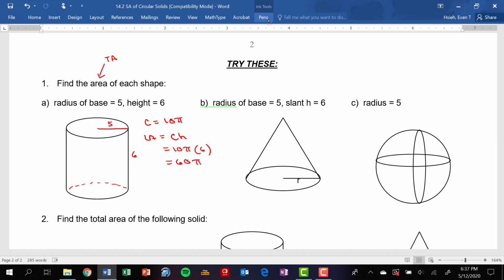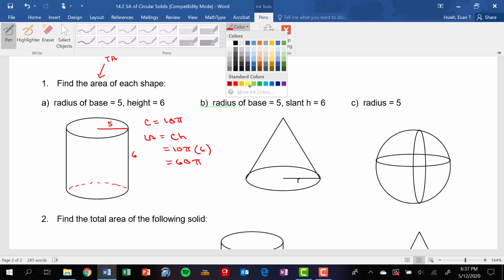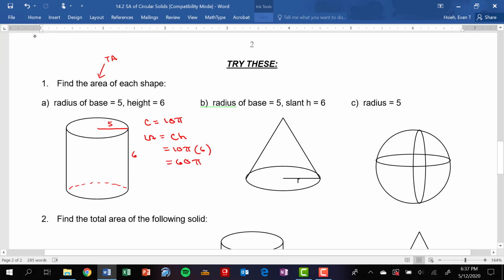And then we have to think about, okay, I have to add this base and this base to find the total surface area. So the area of one of the bases is going to be equal to pi r squared, which of course is going to be 25 pi, because our radius is 5, and we need 2 of them.